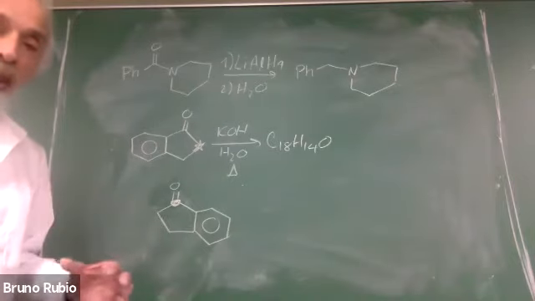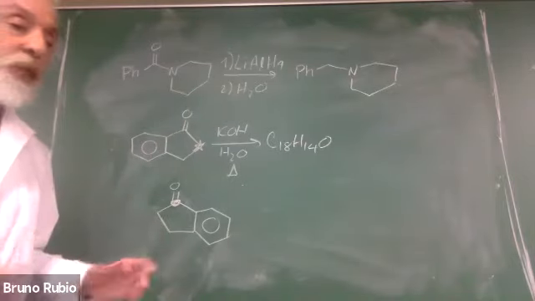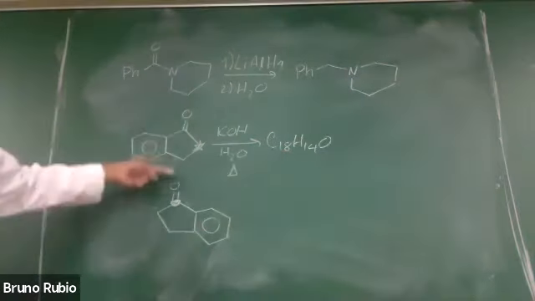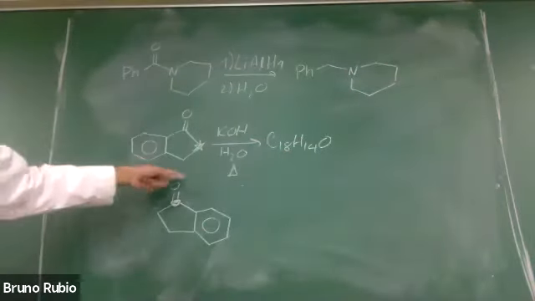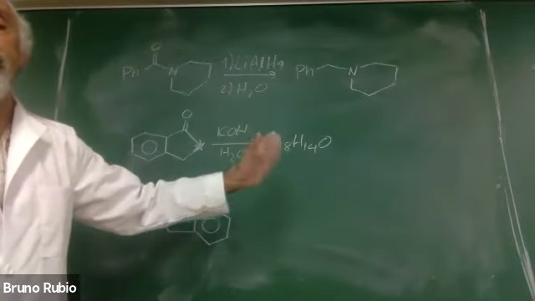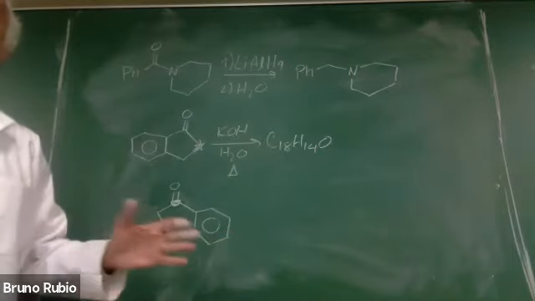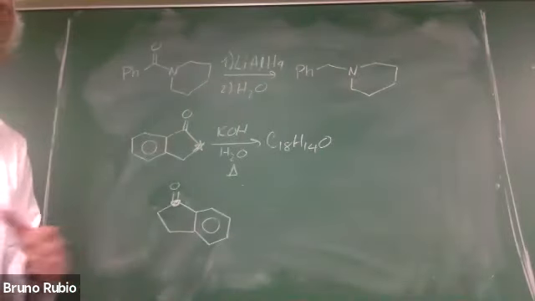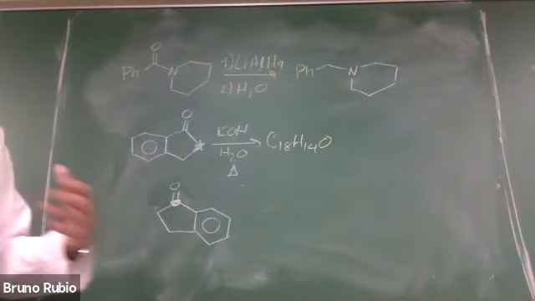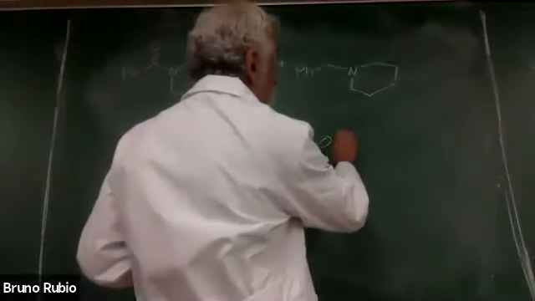How do I know that the dehydration happened? That's what this formula is telling you. See, right now I see 2 oxygens, but in the product I don't see 2 oxygens, I only see 1. That's your big hint that the aldol dehydration occurred. An oxygen is missing. It came out as a molecule of water.